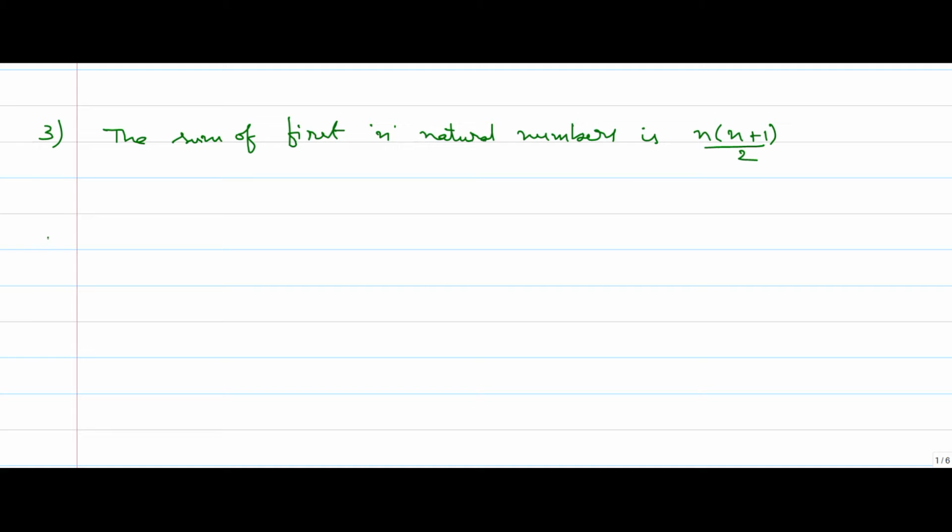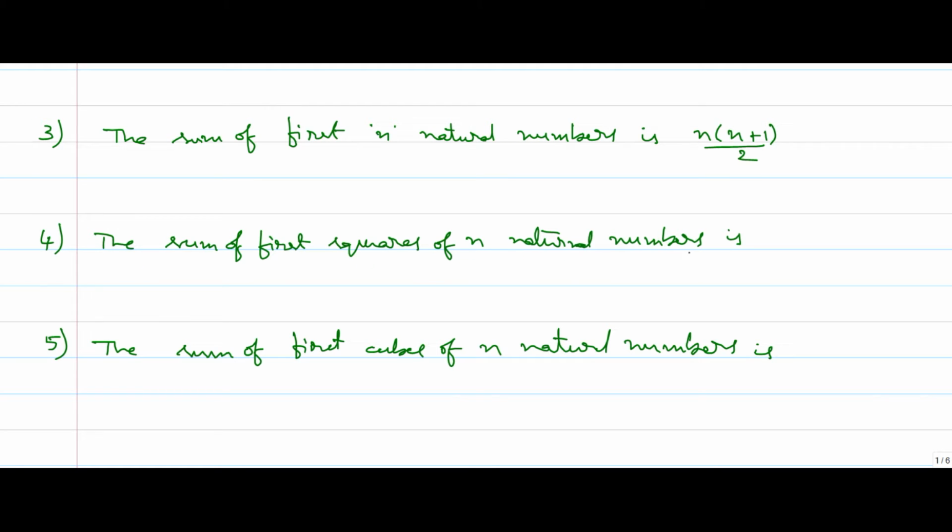Similarly, the sum of the squares of the first n natural numbers is n into n plus 1 into 2n plus 1 divided by 6.